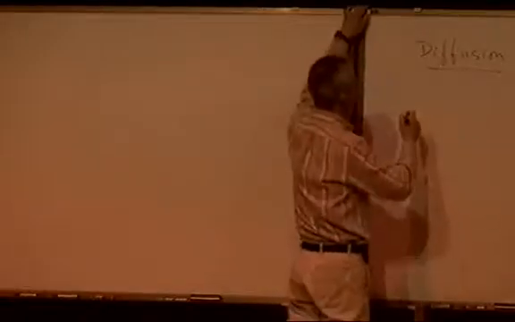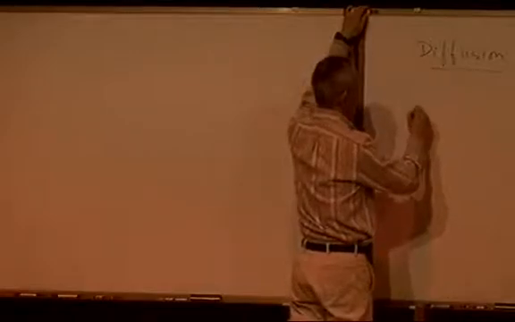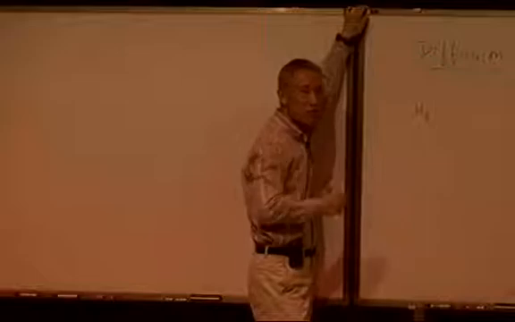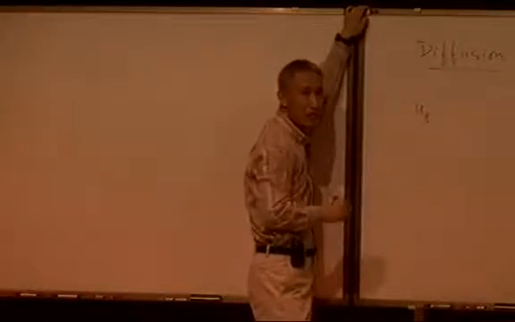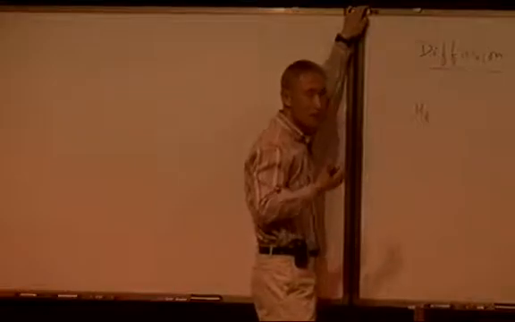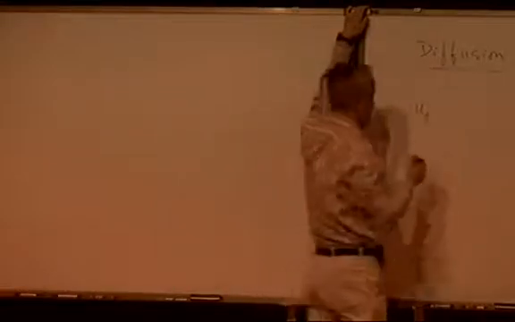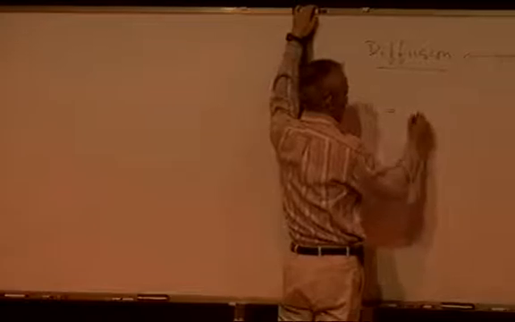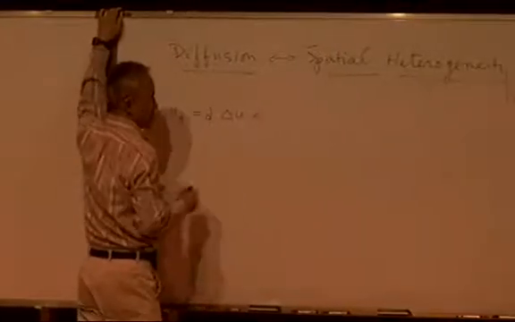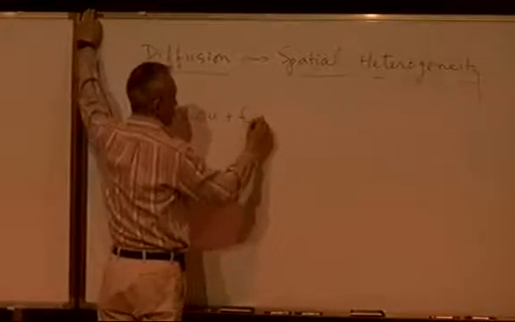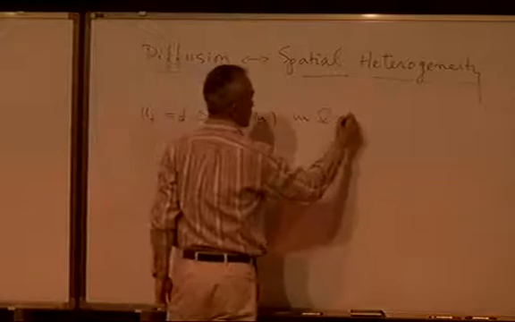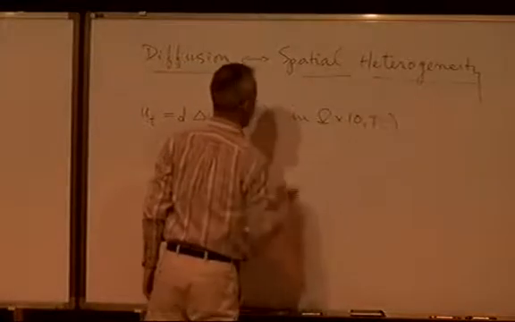So autonomous single equation. Normally my notation is, when I talk about single equations, I will use lowercase u, lowercase v. When I talk about systems, I will use capitalized letters. u_t equals the Laplacian of u plus, let's say, a diffusion coefficient, plus f of u in Omega cross (0, T).